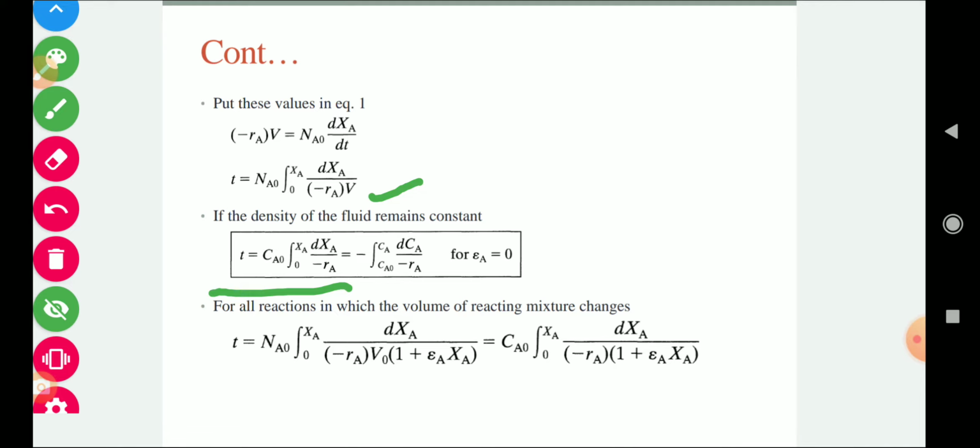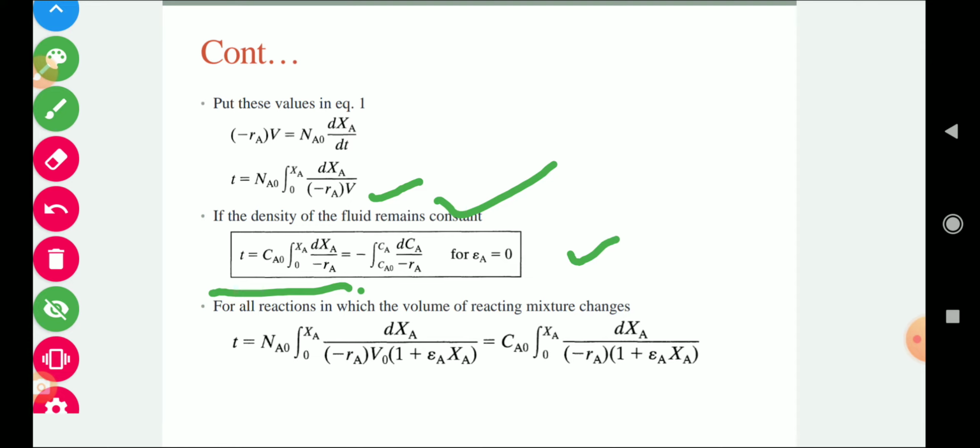But if you write this equation in terms of concentration, then if the initial concentration is Ca0 and the final concentration is Ca, then the integration limit will be Ca0 to Ca and dCa by Ra. This Ca0 into Xa will give you Ca. This is for epsilon equal to 0.